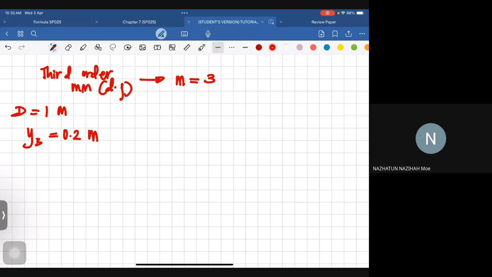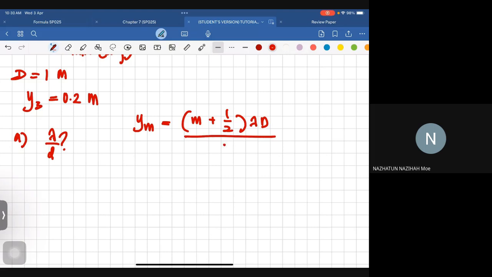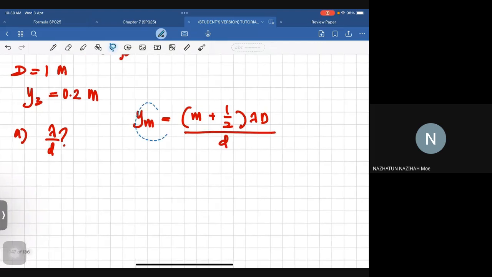Okay, so sekarang ni the ratio of wavelength to the slit separation is this. So how do we find the ratio? So kita boleh guna formula dark fringe, which is m plus half lambda uppercase D over lowercase d. Okay, so ini formula yang kita akan guna.